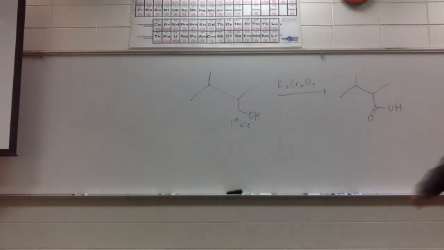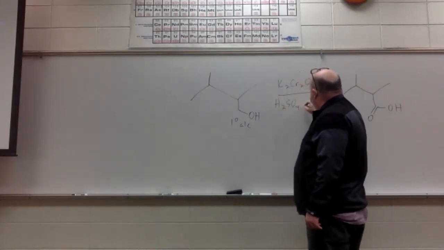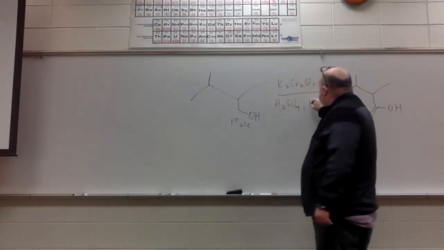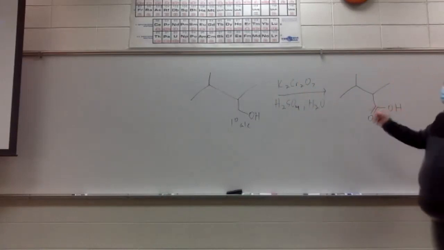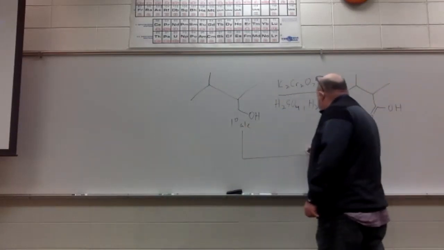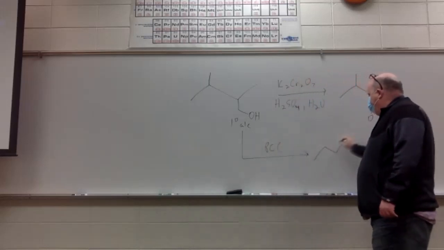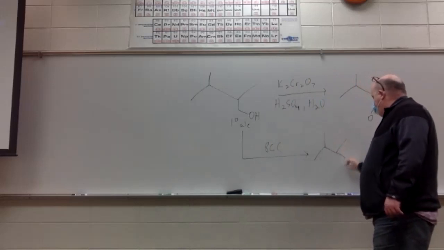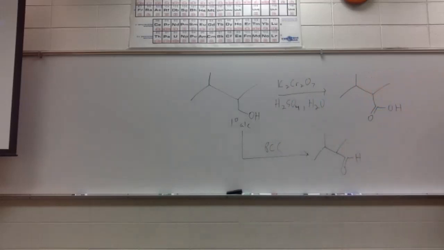There are several of them that you can use, usually in conjunction with sulfuric acid and water. So you add a strong oxidizer like this, you get the acid. If we were to add PCC instead, we would only oxidize one level to 2 bonds to oxygen and give us an aldehyde.